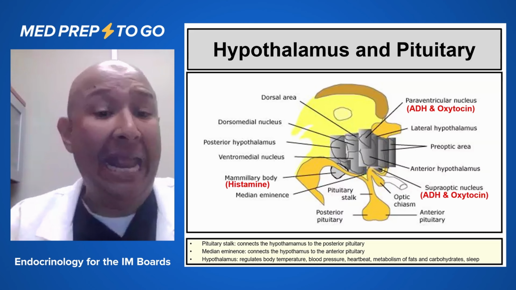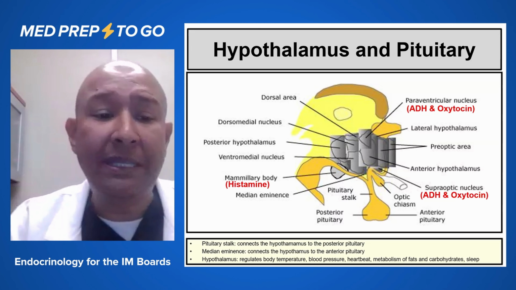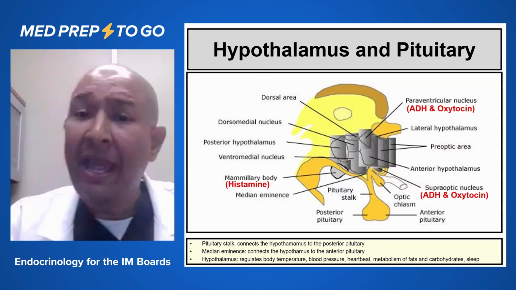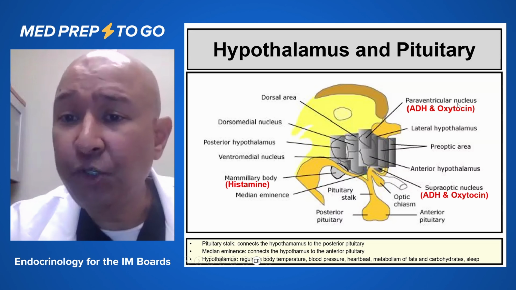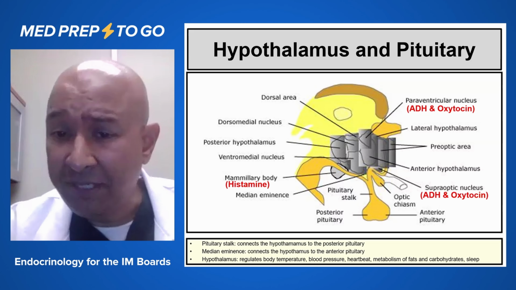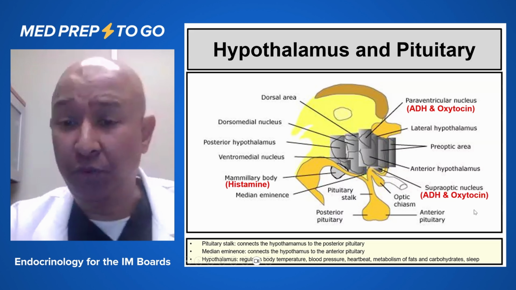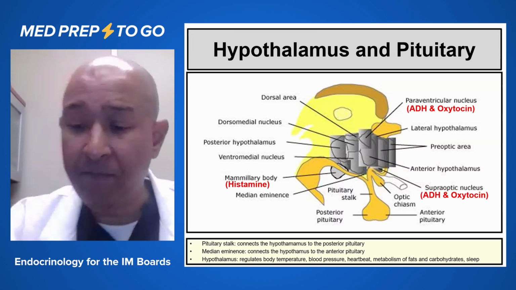And when we talk about the anterior pituitary and the hypothalamus, it's connected by something called the median eminence. And in this beautiful, beautiful diagram, I showed you where the paraventricular nucleus is, where we talk about making ADH and oxytocin, and a supraoptic nucleus, where we also make ADH and oxytocin.